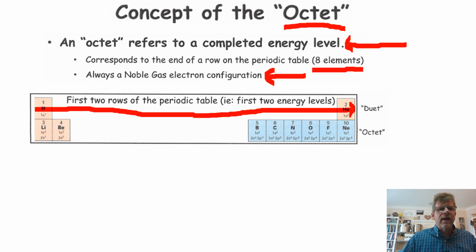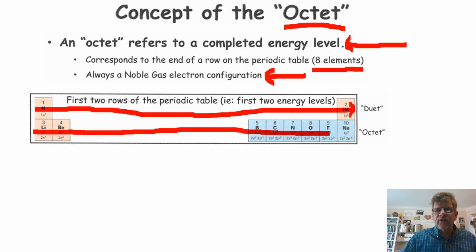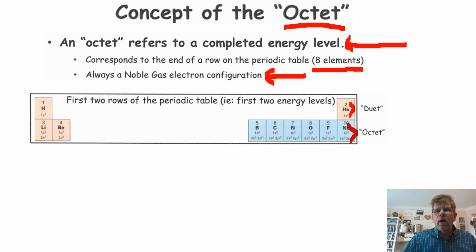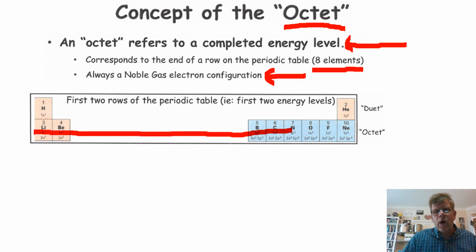Then we have to start the next energy level to put electrons in, which is exactly what we did in the last slide or so, and we finish off another energy level by getting to the end of that row. Now, the term octet came from, generally, talking about 8 elements. Here on this second level, our second row, we indeed go through 8 boxes, 8 elements going all the way across the row. That is an octet.